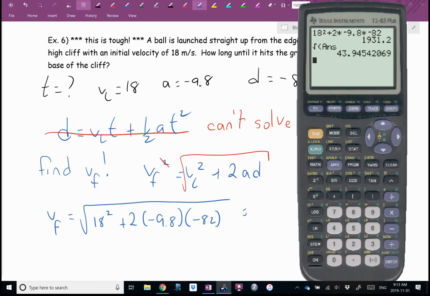You get 43.94, and because I'm going to use this, I'm going to carry extra sig figs because this is not my final answer. I'm probably going to go 43.9454. Is that what you got? Anybody else? I need to see some nods. No? I got a nod there from Taylor? I got it.